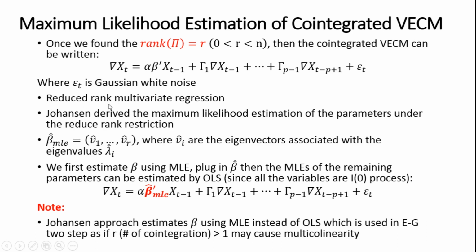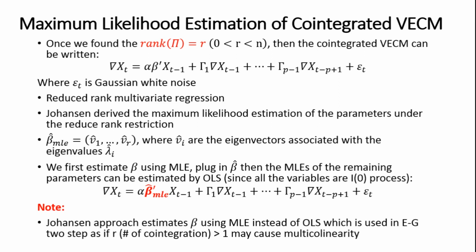So reduced rank multivariate regression. Johansen derived the maximum likelihood estimate of the parameters under the reduced rank restriction. So the estimates of the beta coefficients are given by the eigenvectors associated with the eigenvalues.